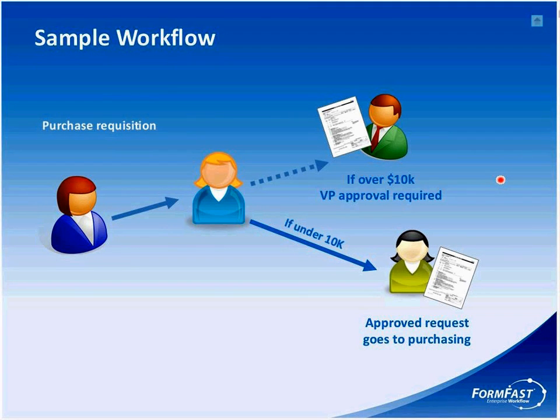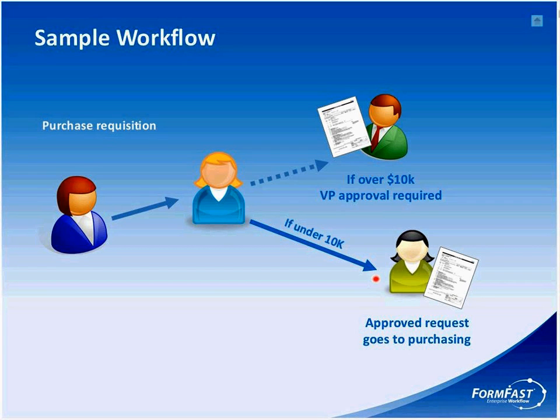Here's a visual of what we do in our work process. I'll give you this sample. I always use purchase requisition because it's pretty simple to understand. You have a form, you want to purchase something, you have to have it approved by a certain number of people. In this, we're showing that if it's over $10,000, there's a specific sign-off that has to happen. It has to be approved by a vice president.